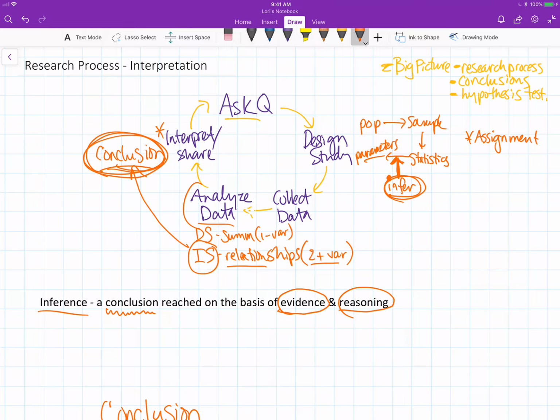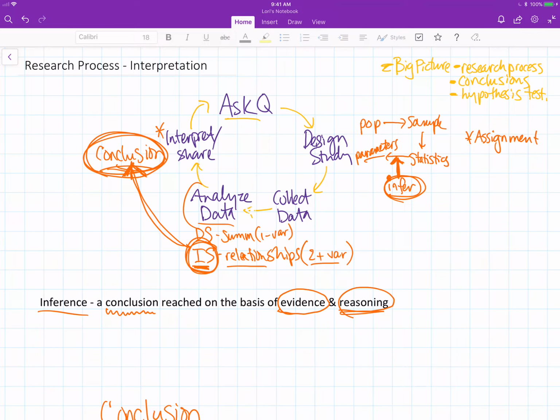Here's the evidence that we get if we come up with inferential statistics, and the reasoning is how do we interpret what we have summarized with our inferential statistics. So inference then is the process of taking these inferential statistics and converting them into something that makes sense.